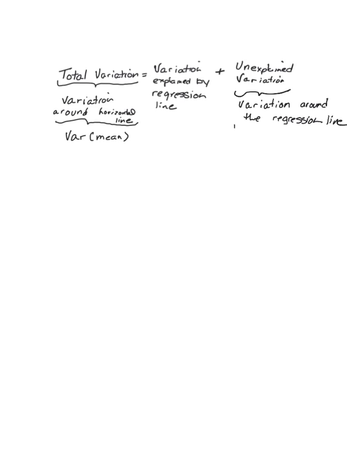And in his notation, that's the variation around the fitted line. Okay, so notice if we want to know how much variation is explained by the regression line, we can find that by subtraction.